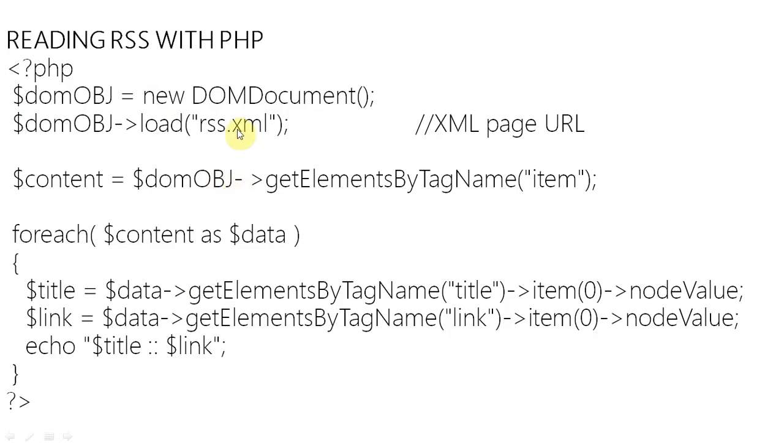We are collecting the data by the function load RSS.xml. We are collecting all the data, and one by one by foreach we are displaying the data in the PHP platform.